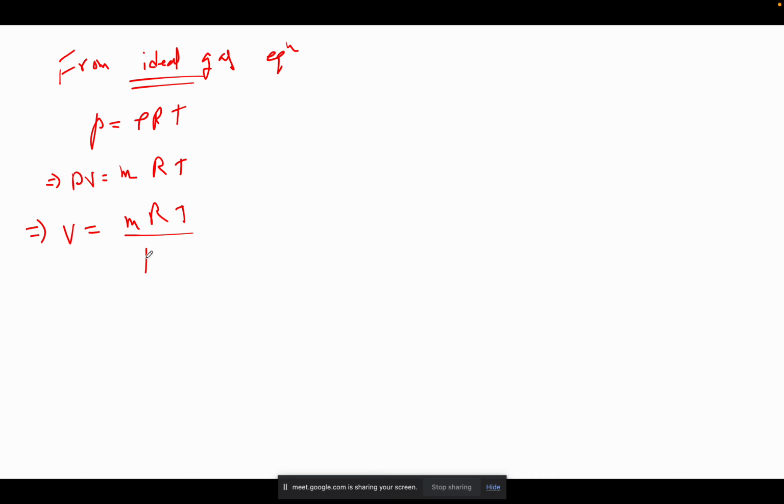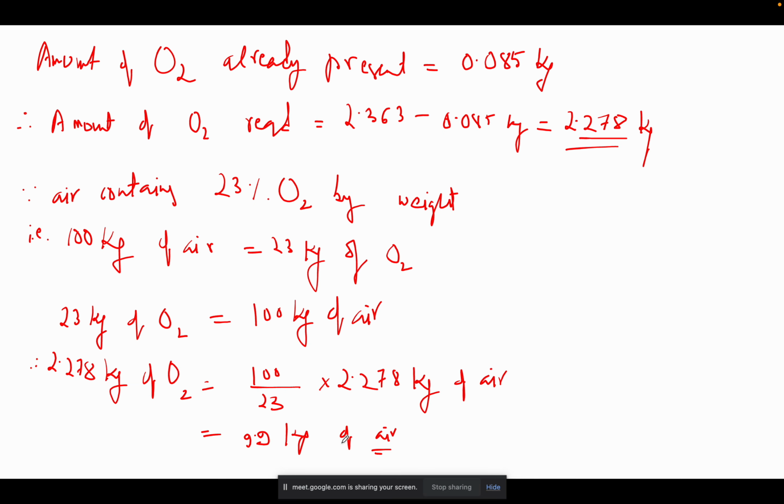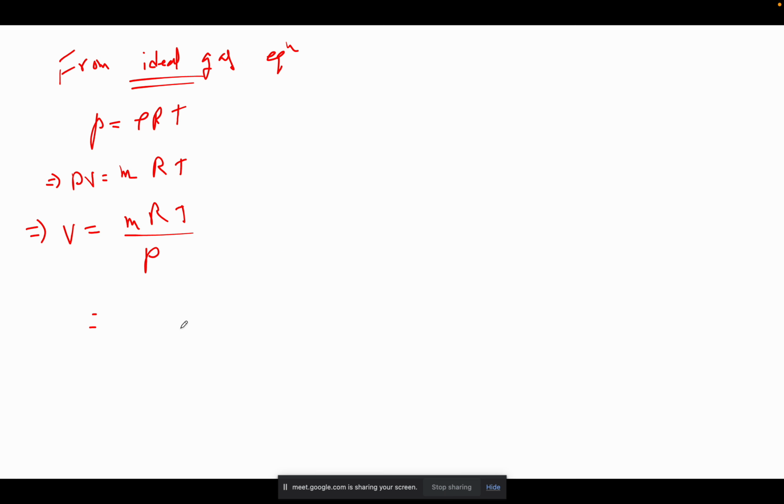Now from here volume will be mRT by P. What is m? m is 9.9, and you know the value of R, that is 0.287 kilojoule per kg Kelvin.